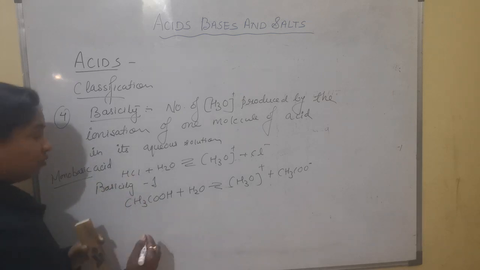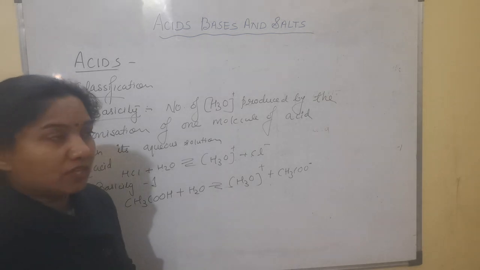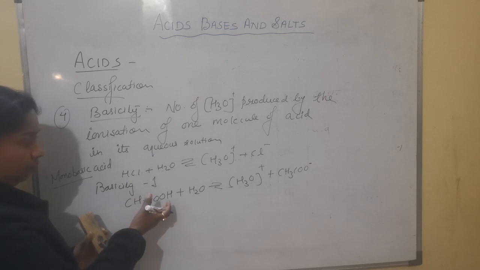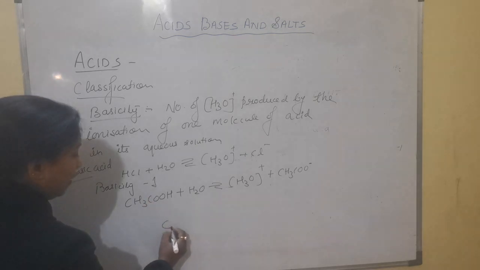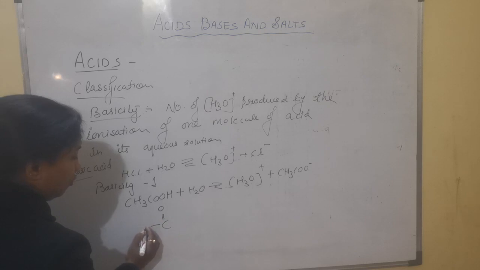Ionizable means that can undergo ionization. So you need a little bit of knowledge of structures for this. How could you know how many hydrogens are ionizable in this sample? You need a little idea of structure. Carbon, its valency is 4.